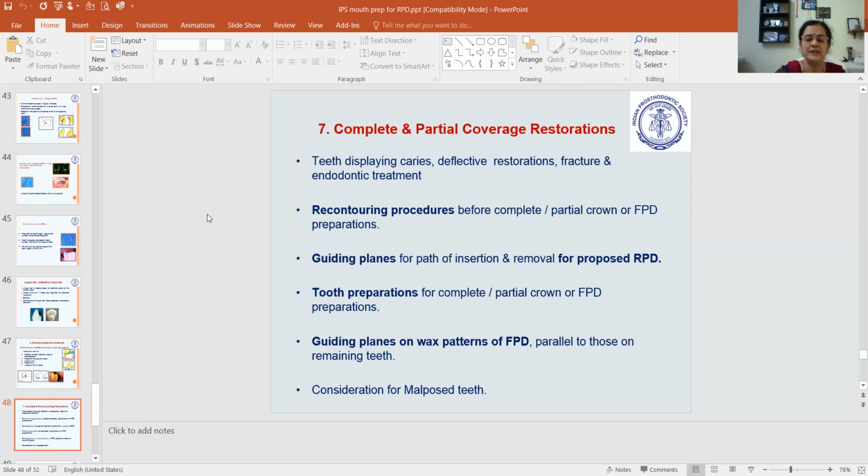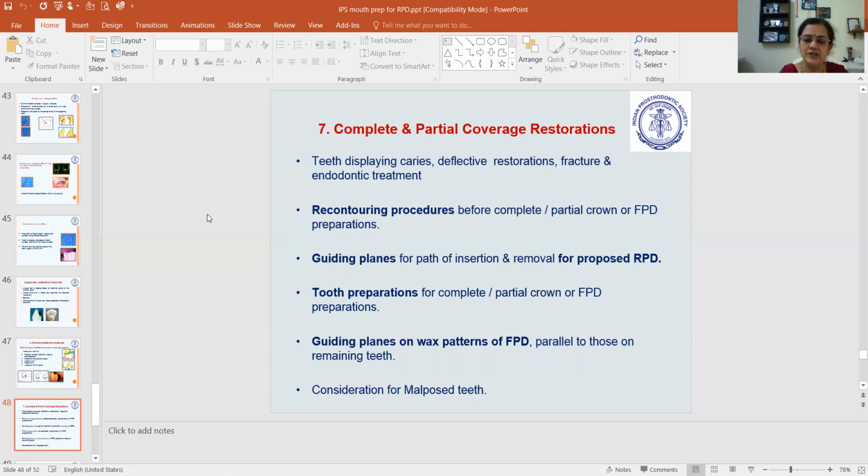In that situation, if it is planned to give a removable partial denture for the partially dentulous situation, the recontouring procedure should be carried out before the complete or partial crown or the fixed partial denture work.